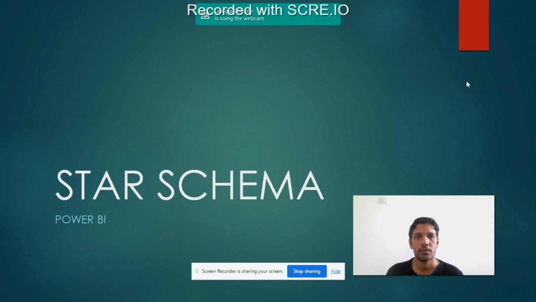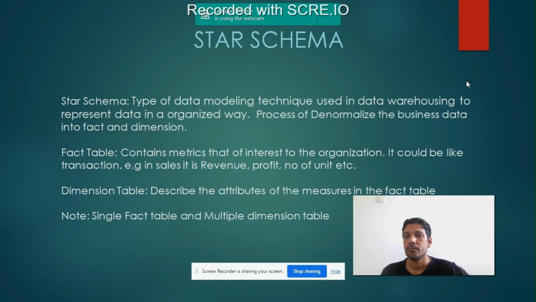As I said, today's topic is about star schema. So what is star schema? This is a type of data modeling technique used in data warehousing to represent data in an organized way. You have to understand two things in star schema.